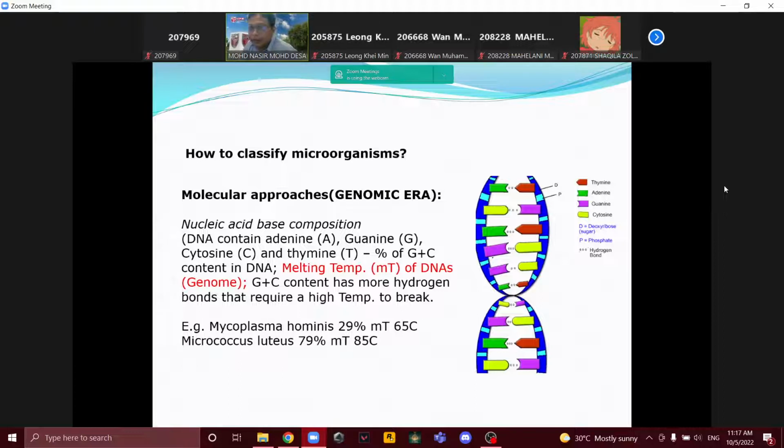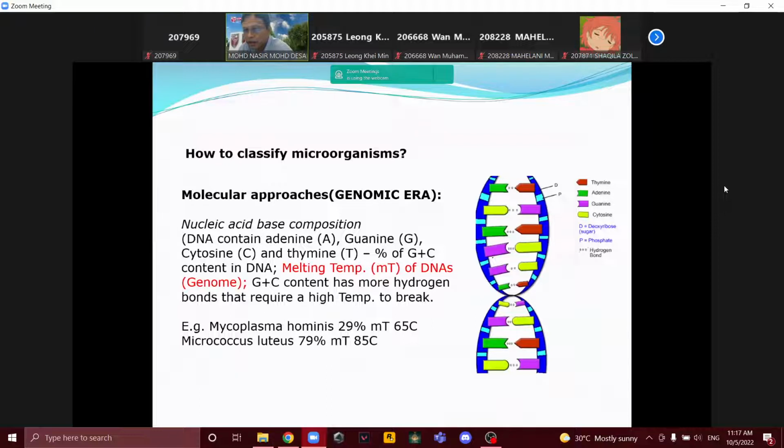Now, with DNA technologies, we are able to count and infer the number of nucleotide bases, how many G's, how many C's. Why? Because with the advancement in chemistry, at the molecular level, G will always bind with C.